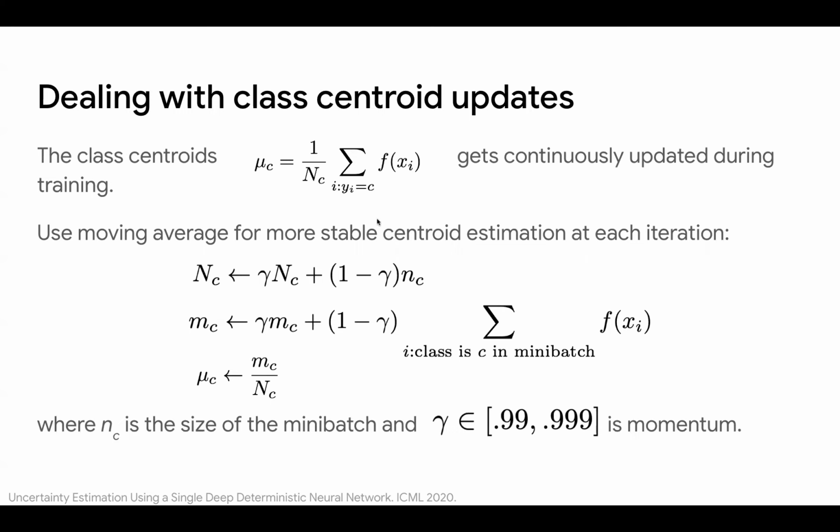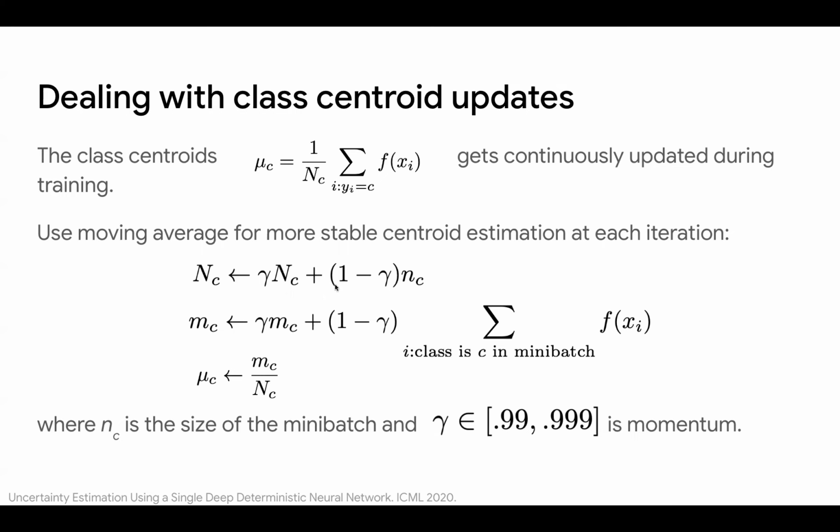So if you're computing your centroid every time you have a new batch of samples, that's going to be very flaky. What they do is take the moving average of those centroids over iterations to make it more stable. Also, the number of samples per class for every mini batch changes over iterations, so they also keep track of the number of samples for each class over iterations.